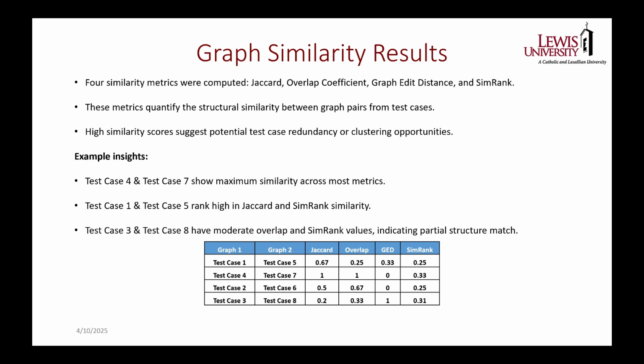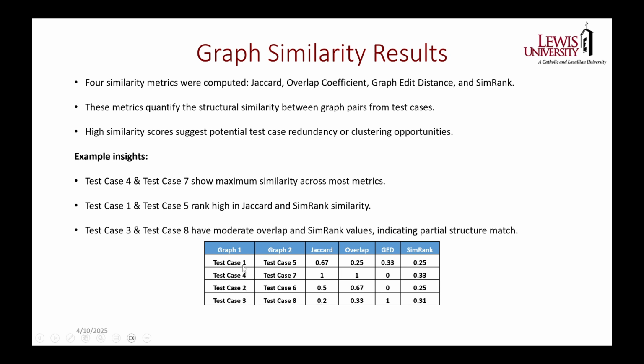Graph similarity results. The results reveal several useful patterns. Here, this is the sample output table, and as we can see, test case 4 and 7 showed highest similarity across all metrics, suggesting redundant workflows.